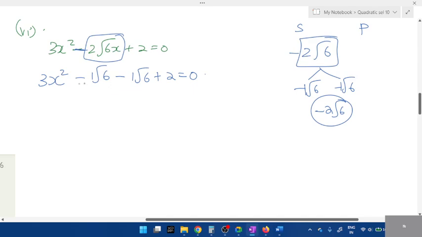Now root 6 is given. If you multiply by root 6, wait, 3 root 6 x square minus 6.